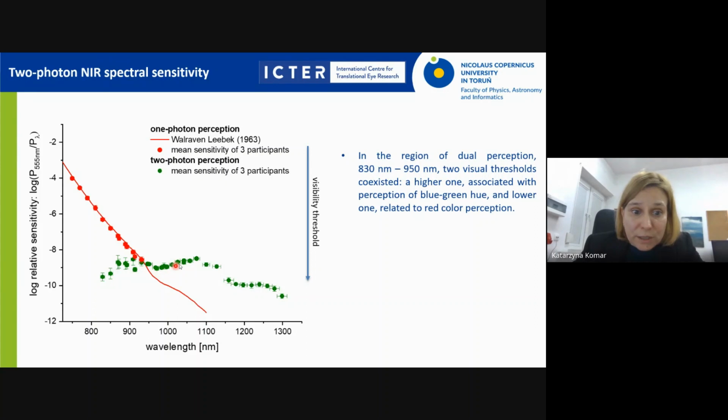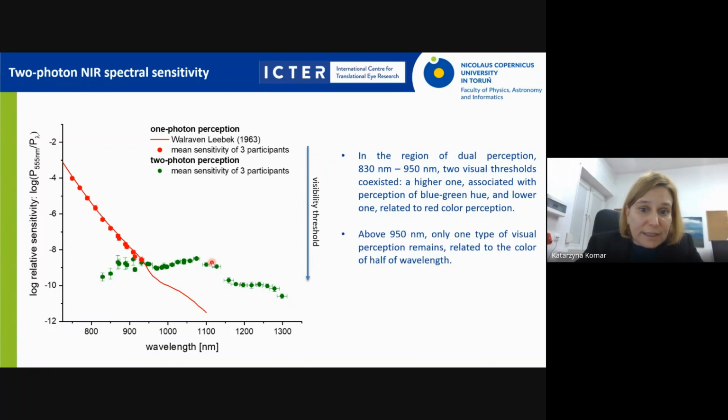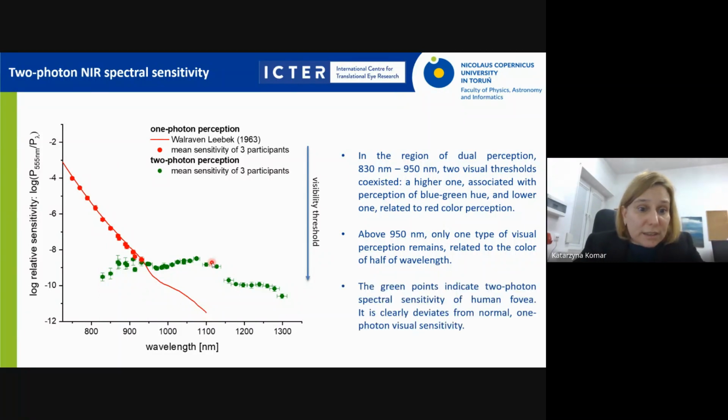And the visual thresholds for that beam deviate from the normal 1 photon spectral sensitivity of the human retina. So I would like to say that the green points indicate this 2 photon spectral sensitivity, and it clearly deviates from normal 1 photon visual sensitivity.